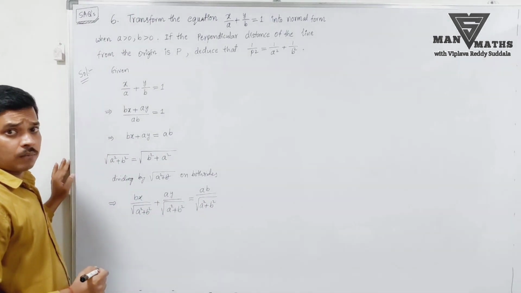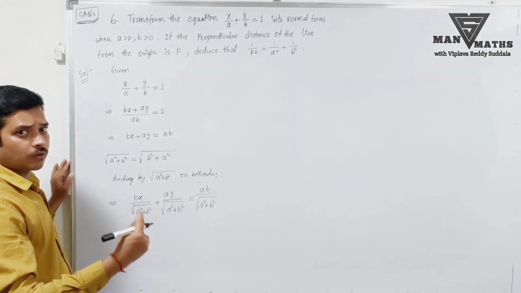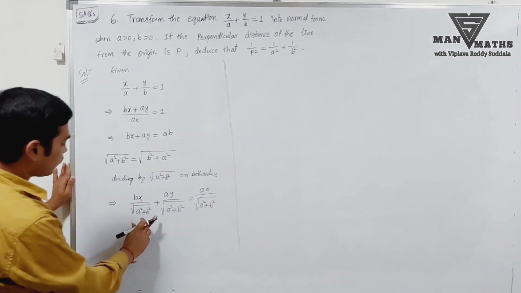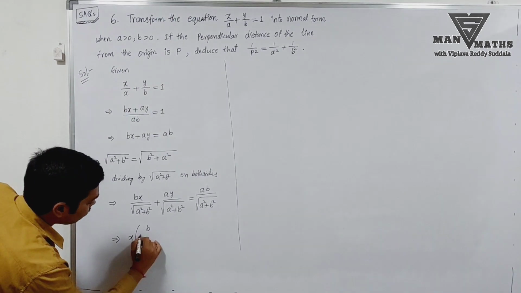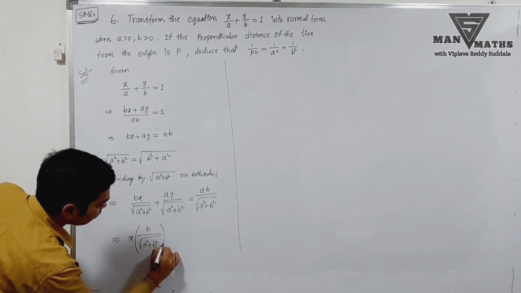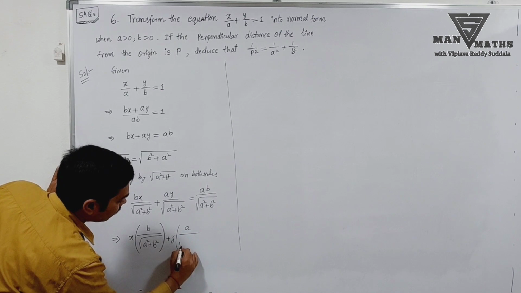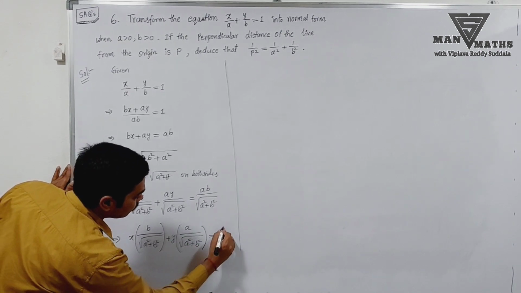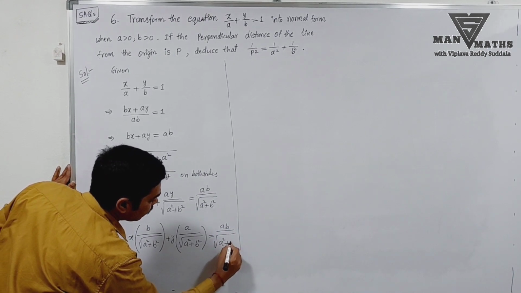What is the normal form? Normal form means nothing but x cos alpha plus y sin alpha equal to p. Now simplify this equation. This can be written as x into b by under root of a square plus b square plus y into a by under root of a square plus b square is equal to ab by under root of a square plus b square.